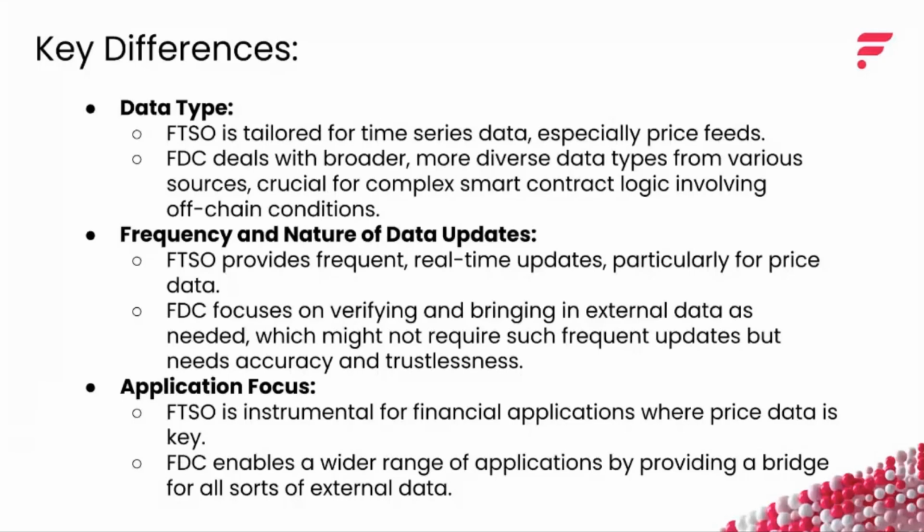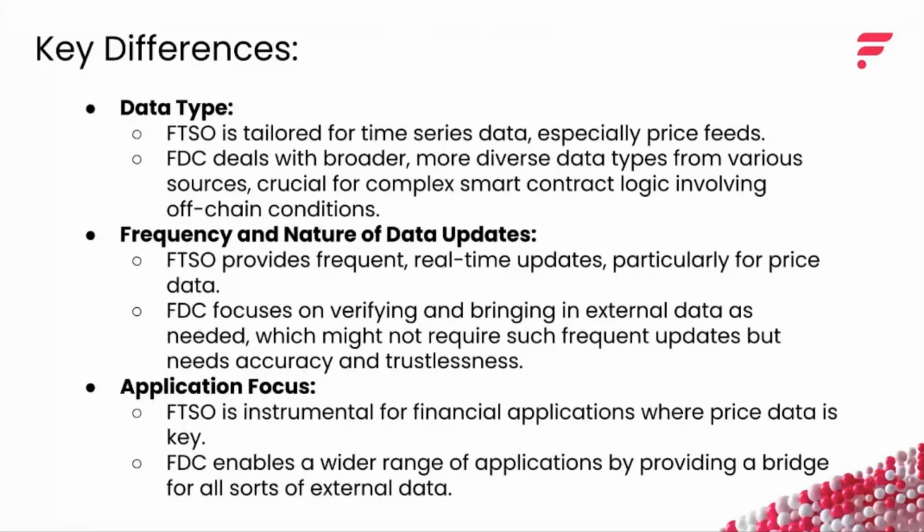For FTSO you have more real-time updates, while FDC focuses on verifying and bringing in data which doesn't really need an update every 1.8 seconds, which I believe is how often FTSO updates the price feeds. And you can build different applications, obviously, with the different kinds of data that you're bringing in from FTSO and FDC.